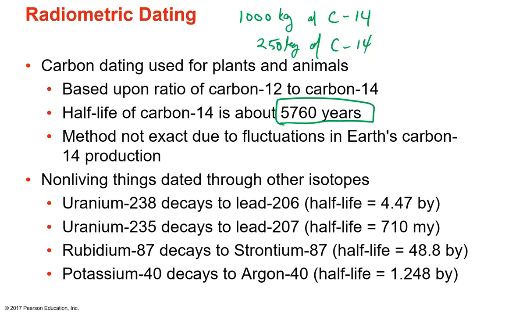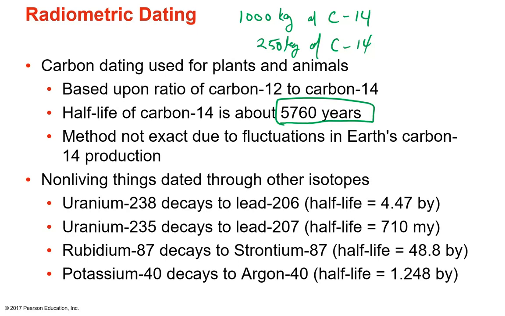Twice. 1/2 times 1/2 is 1/4. So that means it's gone through 2 half-lives. So it would be 2 times 5,760 years old, if that was the right number. So it would be 11,520 years old. That's how radiometric dating works.